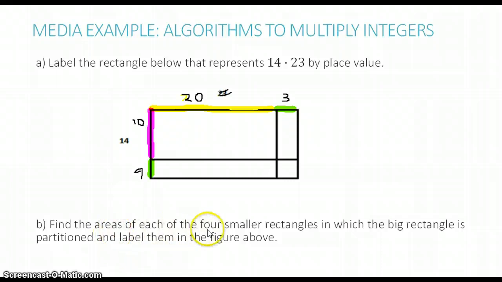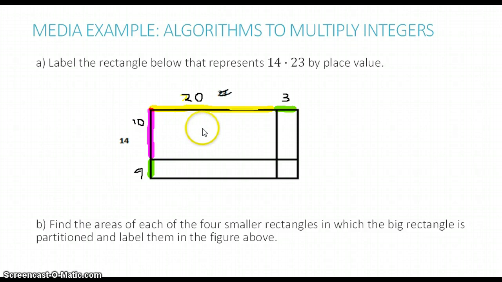Find the areas of each of the 4 smaller rectangles in which the big rectangle is partitioned and label them in the figure above. Here we have 4 rectangles, and if we summed these 4 pieces together, I think you'll agree that we would get the entire rectangle. We can find each rectangle's area by multiplication.